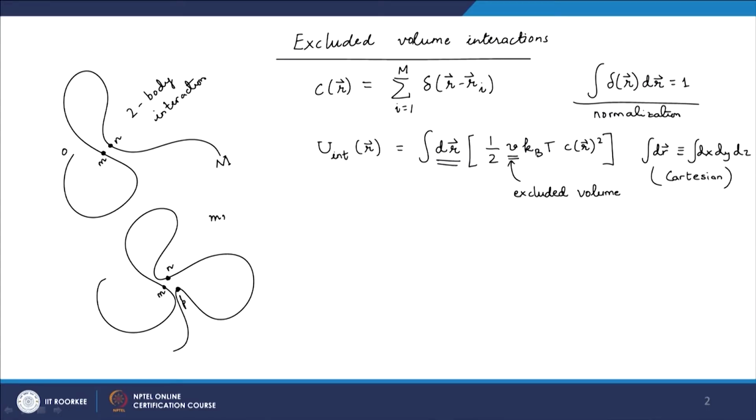This three-body interaction is not always the same as the sum of the two-body interactions. So, the interaction between M, N and P is not the same as the sum of interactions MN, NP and MP, and this is what we refer to as a three-body interaction. Okay.